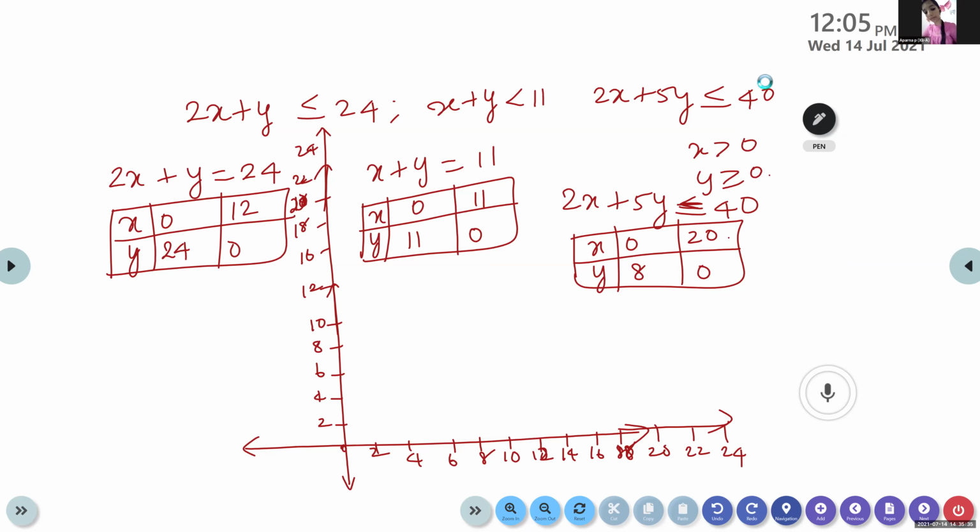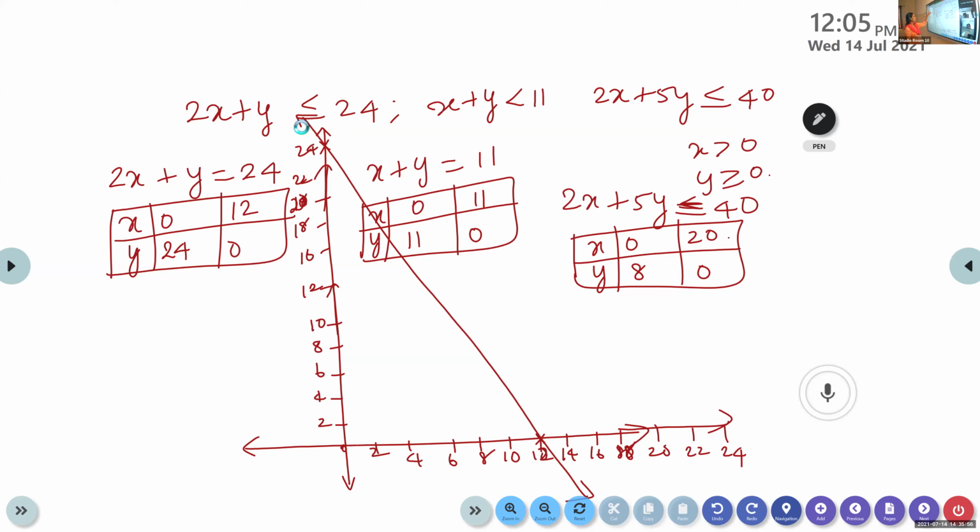Yes, ma'am. Okay. Now listen. For the first one, when x is 0, y is 24, so somewhere here. And x is 12, y is 0. When you join these, we get a line. Once you draw the line, you select the region. How will you select the region?